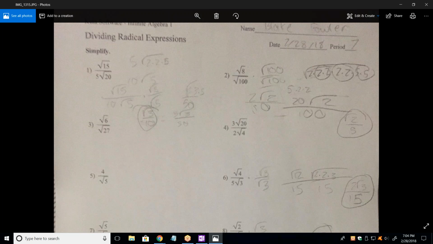So our teacher was like, to get the radical out of the bottom, you want to multiply by the same radical that's on the bottom for the top and bottom. Yeah, you want to rationalize the bottom. So in other words, you want, hold on a second, let me take a picture of this.